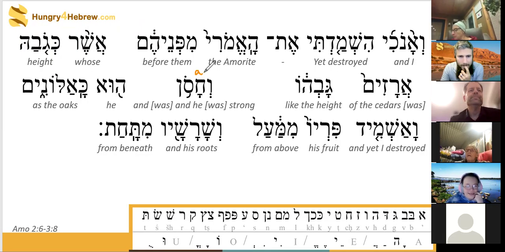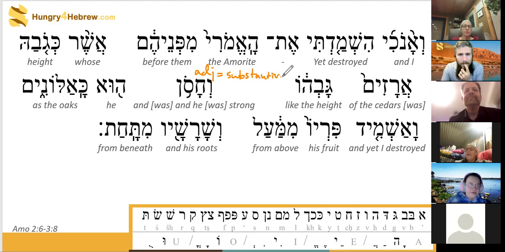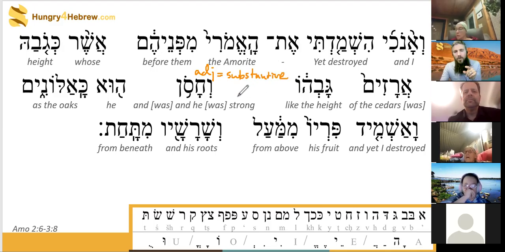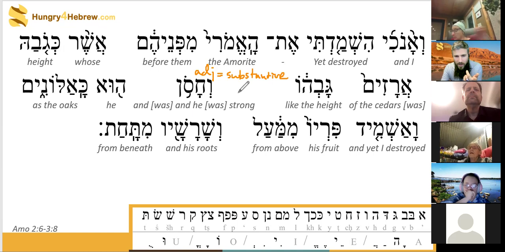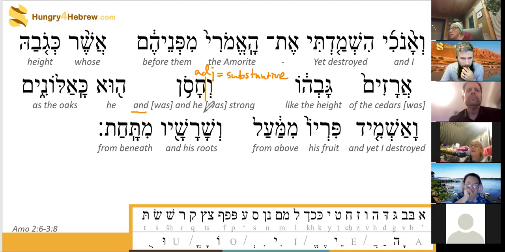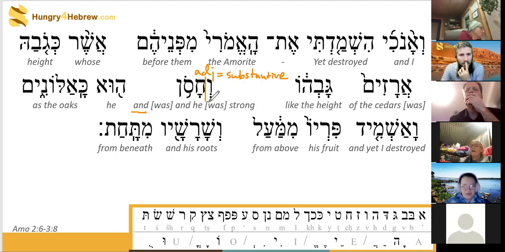Question. That last word that we were looking at that was an adjective, is that also a vekatal? Vekatals are verbs, and this is not a verb, it's an adjective, so the answer is no. The vav here is simply a conjunction. I don't know what the translator was doing here.